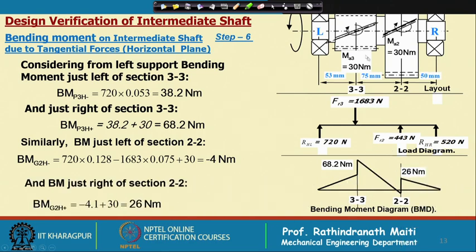Now, in the bending moment calculation in the horizontal plane, we should not forget these two moments, which are due to the axial load at the pinion and the gears, and then the final diagram comes like this. Now we have calculated the bending moment and shear force diagrams.